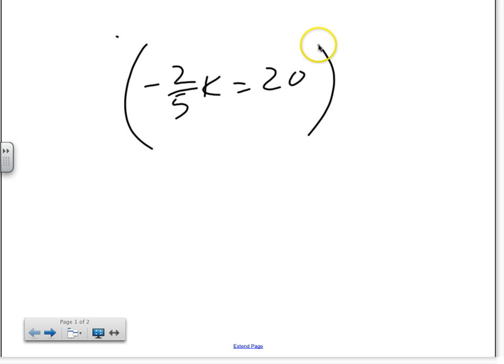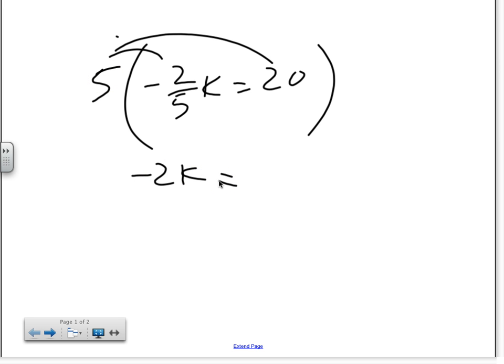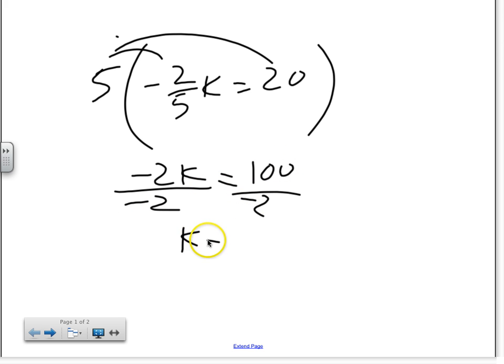If you multiply by 5, the 5s cancel, giving you 1 times -2, -2k. What is 5 times 20? 100. And you divide by -2 on both sides. k is -50. Same exact answer. So we can multiply by the reciprocal, or we can also clear a fraction if we need to, and it will get you the same answer.